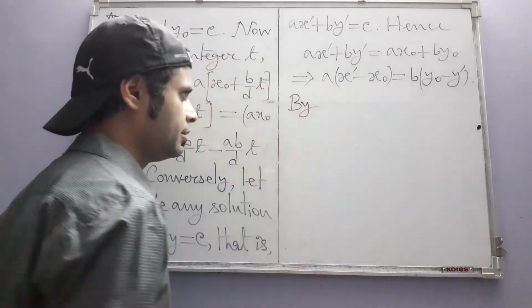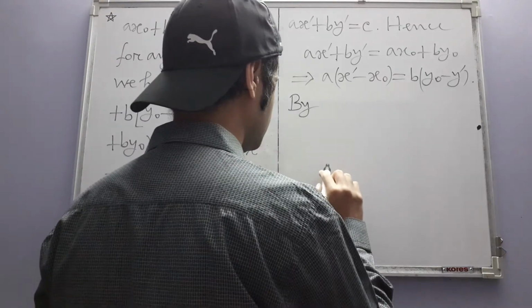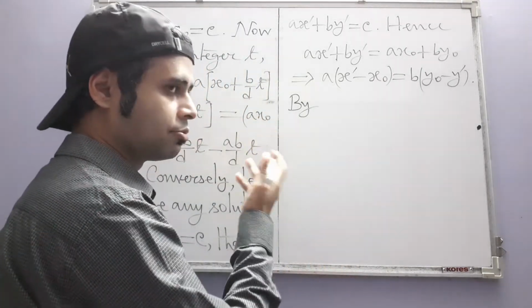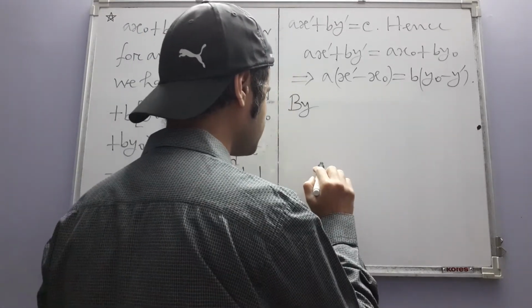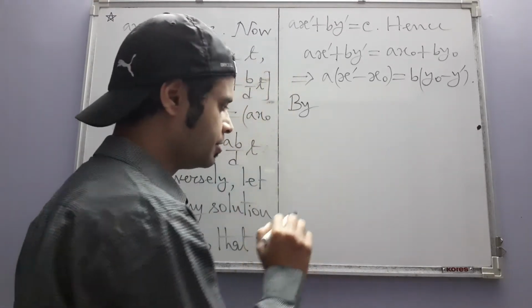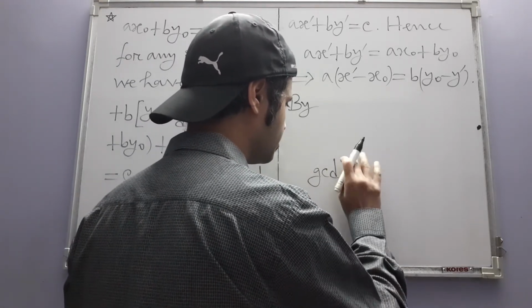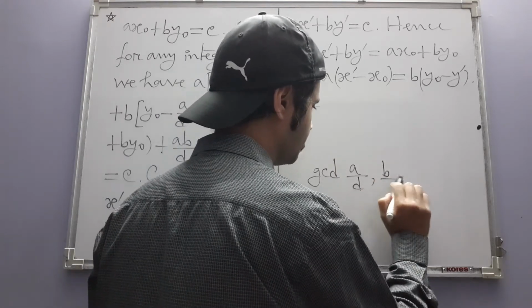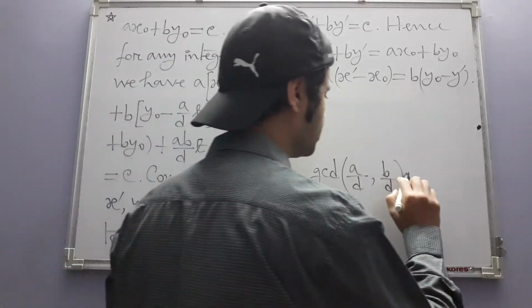Now, there was a result, if you recall, that if a and b are two integers, just like how we have them here, not both of which are 0, and d is their GCD, then the GCD of a divided by d and b divided by d, both of which of course are also integers, is 1.